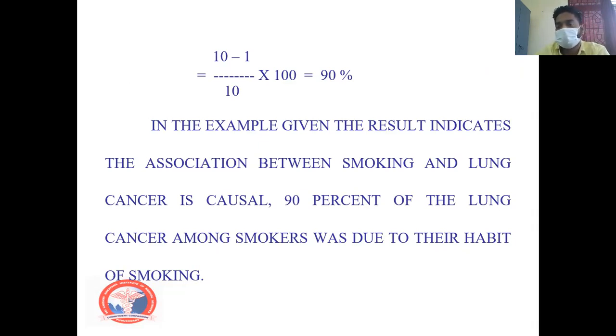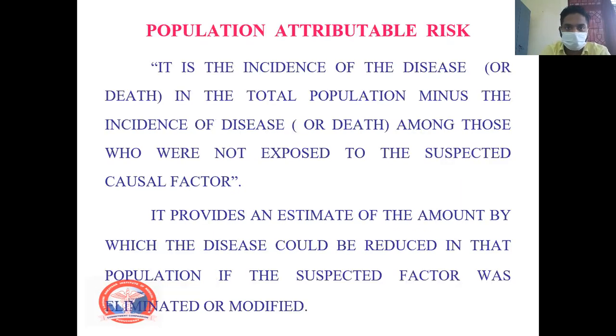If you cut short that smoking habit, you can reduce 90% of lung cancer among the same community. Am I clear? Attributable risk is how much the factor is attributing to the disease. I'm repeating again, the association between smoking and lung cancer is causal, and 90% of the lung cancer among smokers was due to their habit of smoking. This is attributable risk.